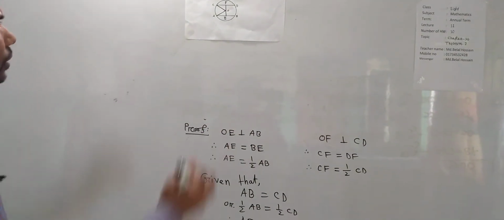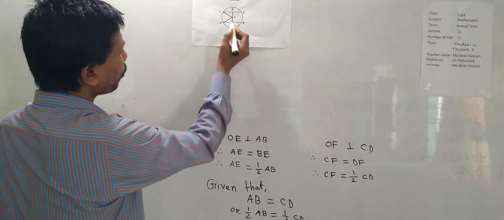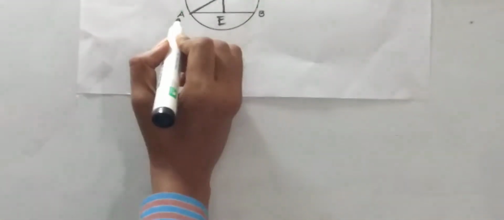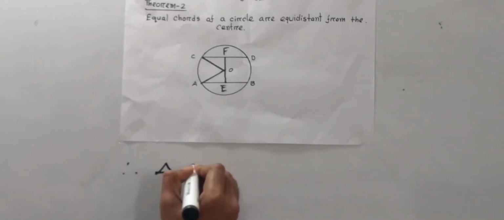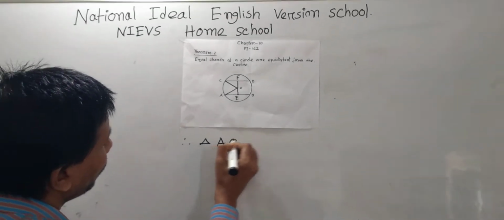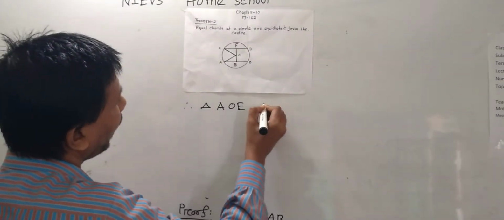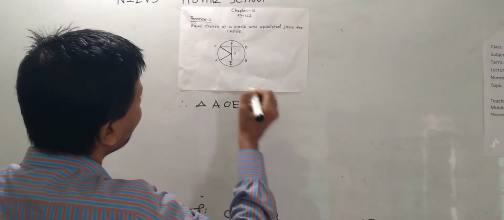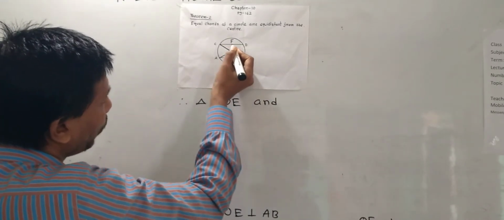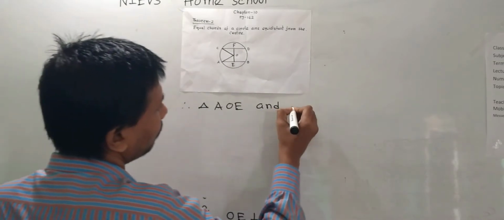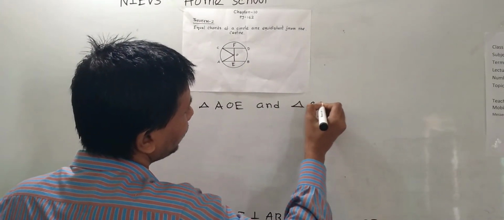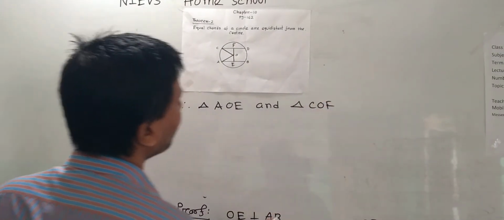Now, look, as we drew a perpendicular OE on AB, we can write triangle AOE, and as we drew a perpendicular OF, we can say triangle COF.